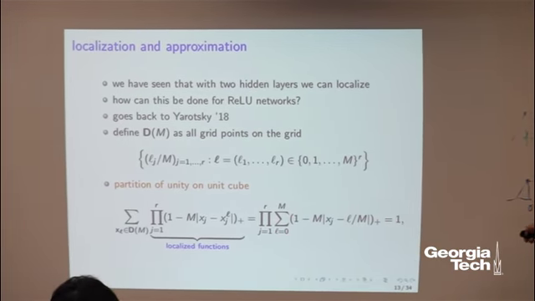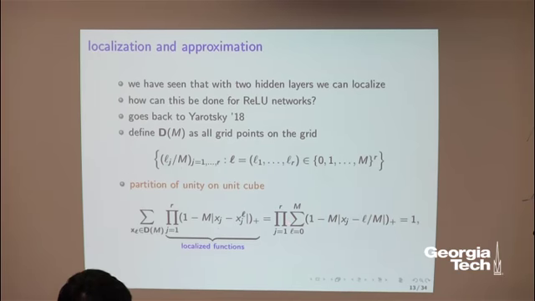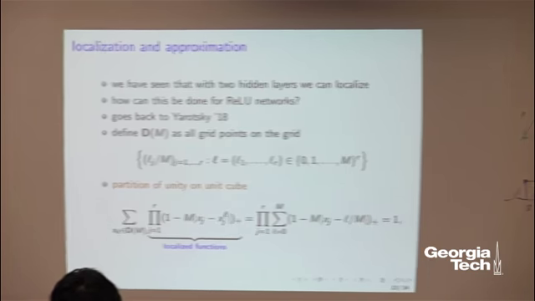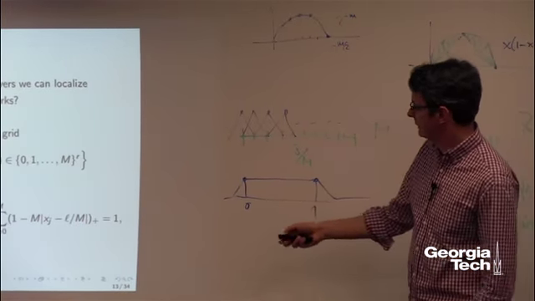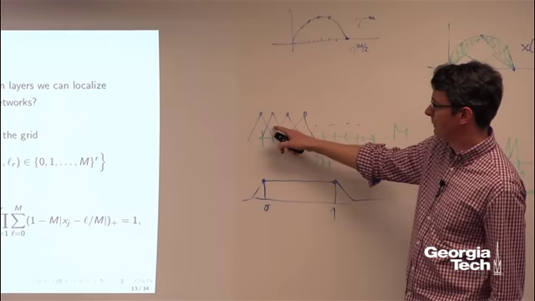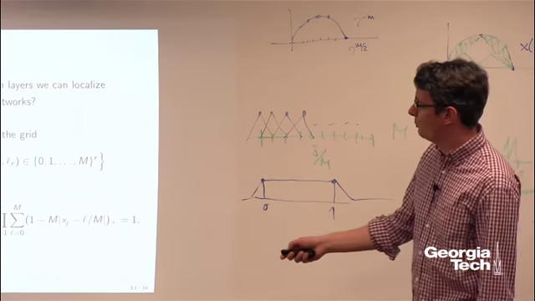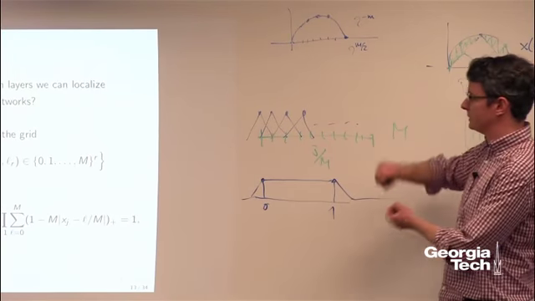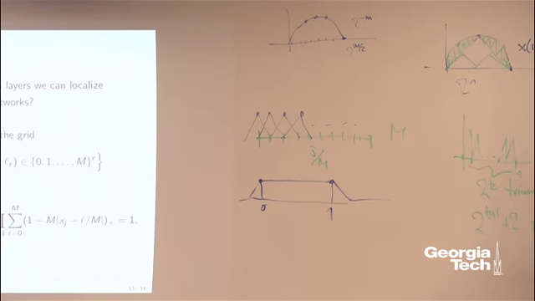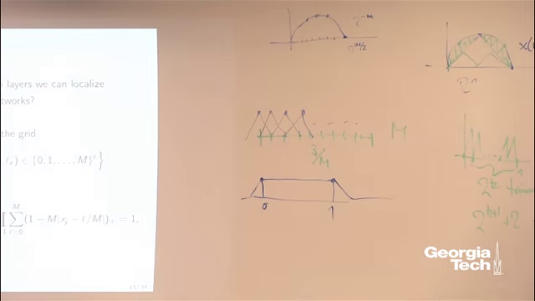If we rewrite this, inverting the order of the sum and the product, we can also write it as: in every direction we take these triangle waves, multiply them together, and then sum over all grid points, if we extend the grid points to [0,1] to the d.